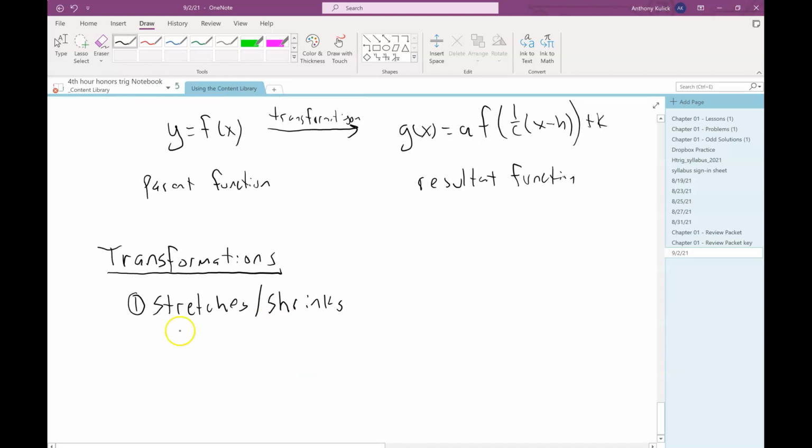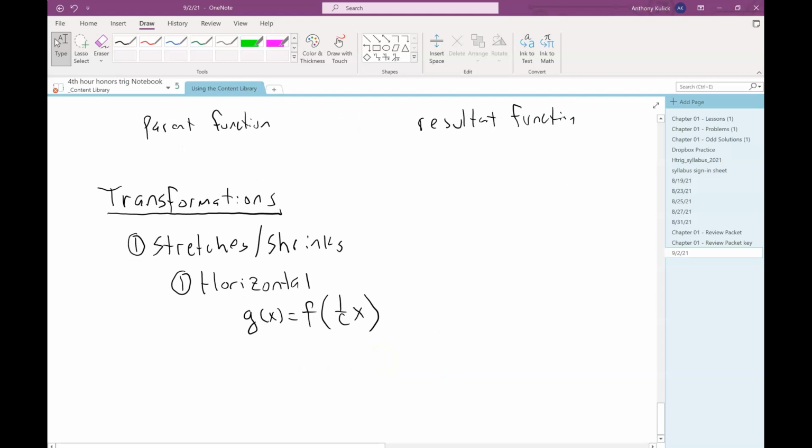And there are 2 types. There's a horizontal stretch or shrink. The way we transform our f of x is by multiplying the x value by some constant. The way we'll write that constant is 1 over c.